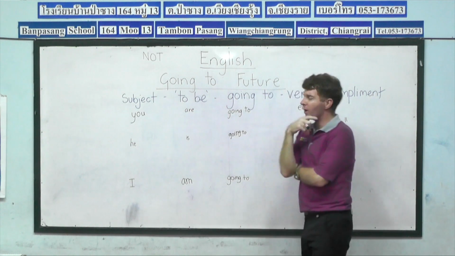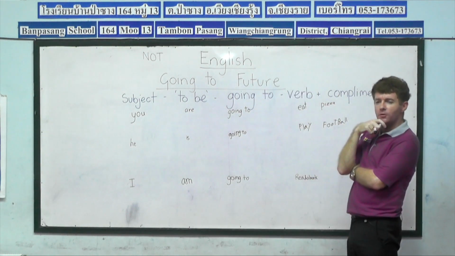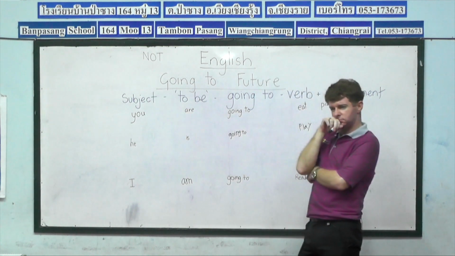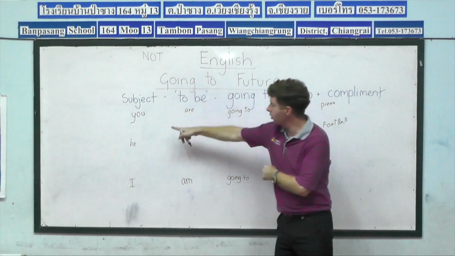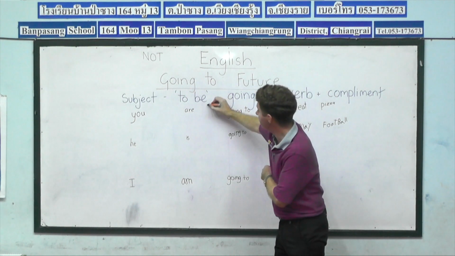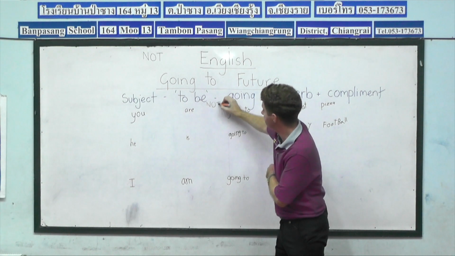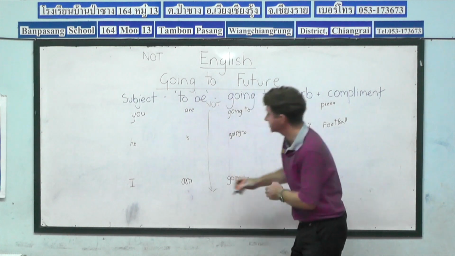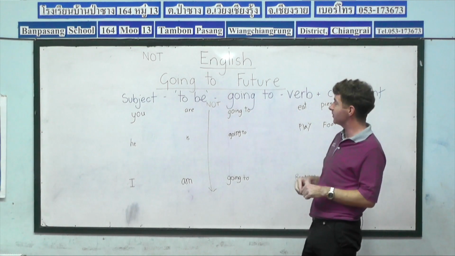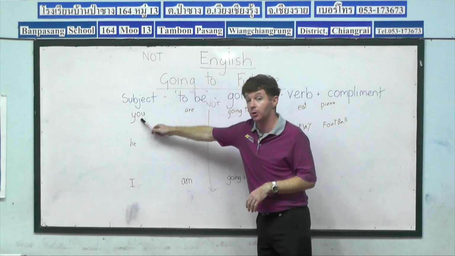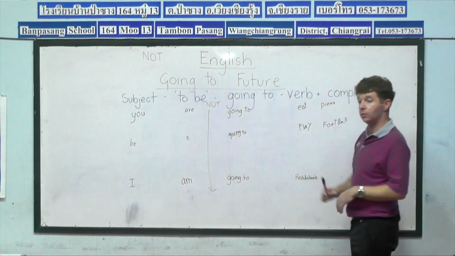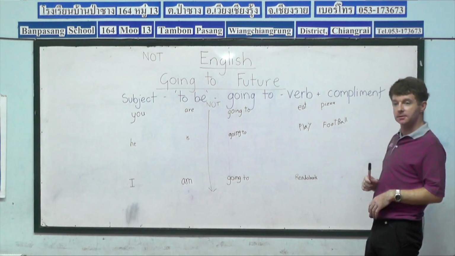Now let's see. Where do we think we have to add the word not? You, not, are? That's not right. You are not? Yes. You see, if we add the word not here for every phrase, we give it the negative meaning, things we're not going to do. For example, you are not going to eat pizza.